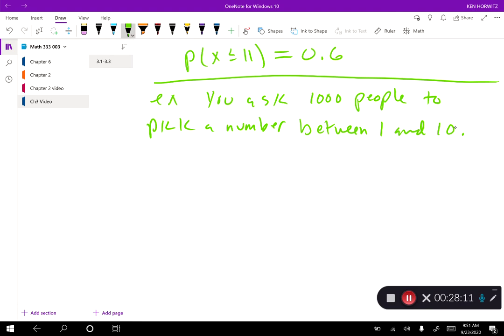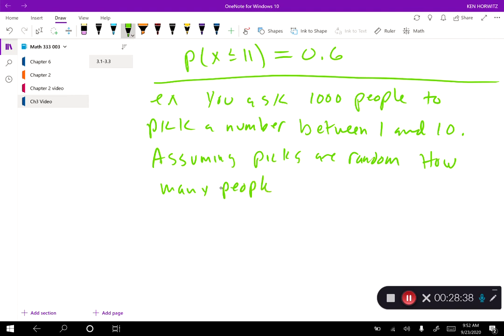Assuming picks are random, how many people pick 9?